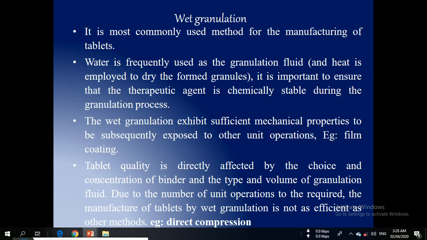Due to the number of unit operations required, the manufacturing of tablets by wet granulation is not as efficient as other methods, for example direct compression. So it depends upon the choice in the concentration of the binder which you use.